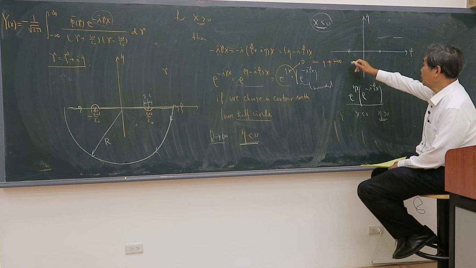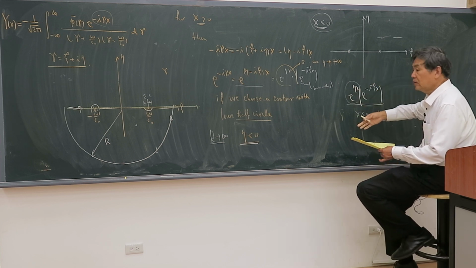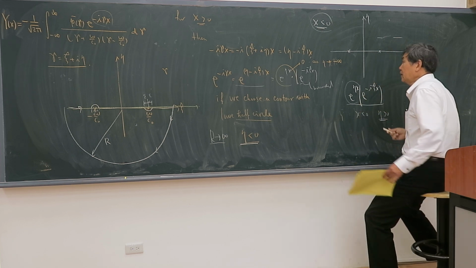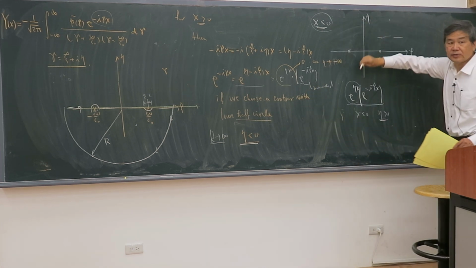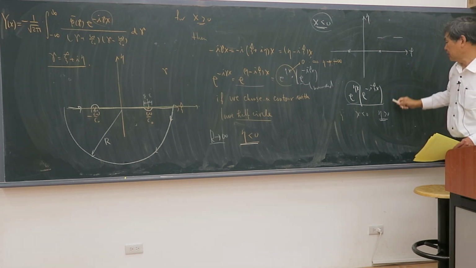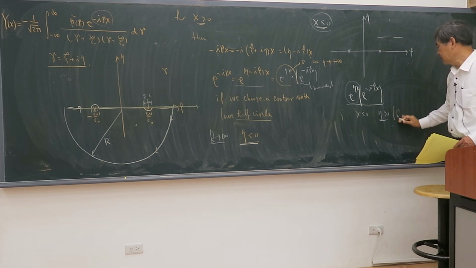Then we can have this term approach 0 when the radius is very big.